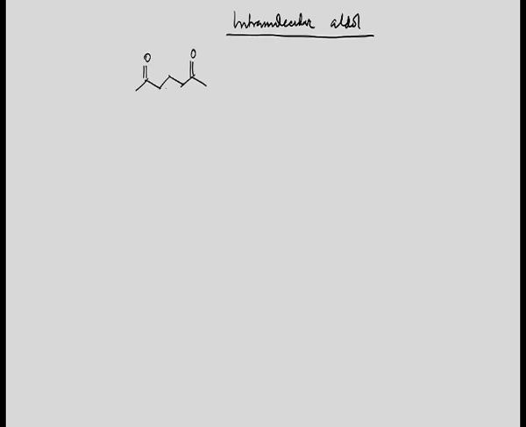So this is a 1,5 diketone system, or you can number this 1, 2, 3, 4, 5, 6, 7. So this is 2,6-heptanedione. Now if you put sodium hydroxide for aldol reaction, what will happen?